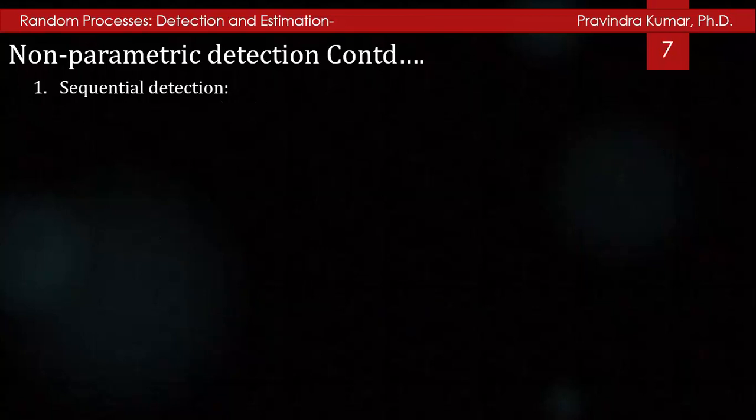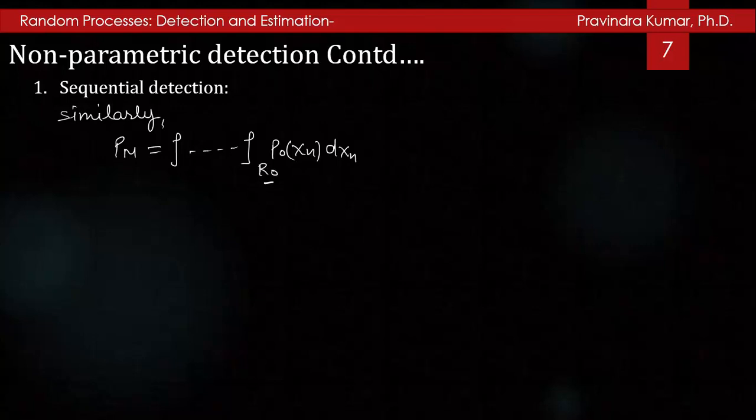And similarly, the probability of miss is equal to n times the integration in the critical region R naught of P naught xn dxn, which is equal to n times the integration in the region R naught where lambda xn is less than or equal to n naught.